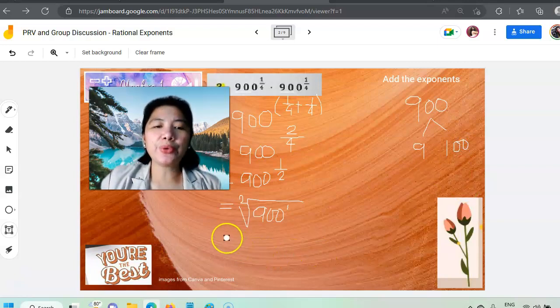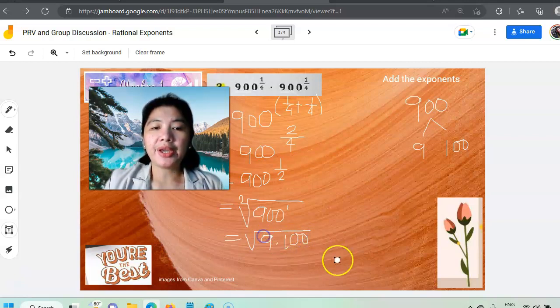So we are now going to rewrite 900 as 9 times 100. So we have the square root of 9 times 100. And now we can perform the square root of the two factors inside the radicand.